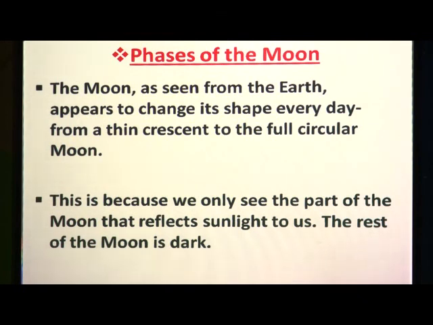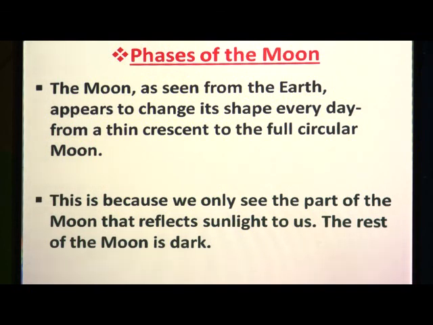The moon as seen from the earth appears to change its shape every day, from a thin crescent to the full circular moon, and these are called the phases of the moon.